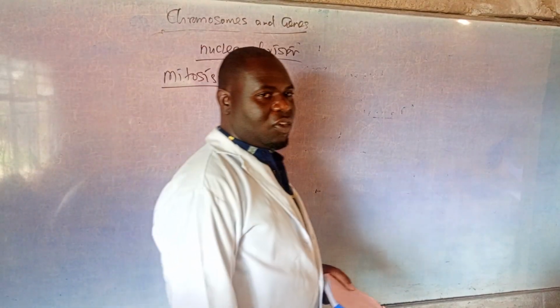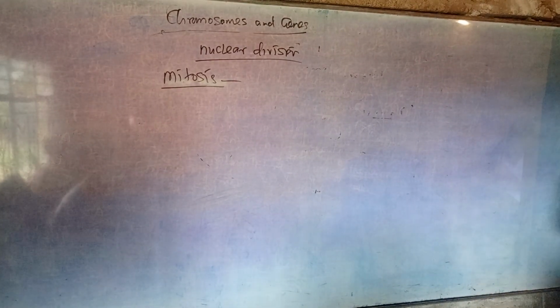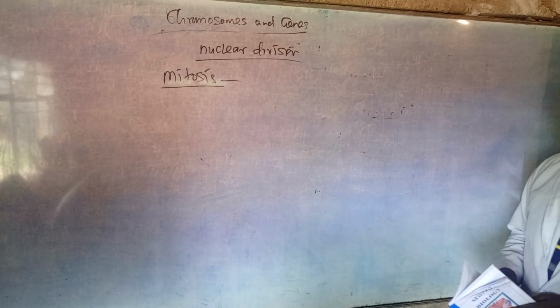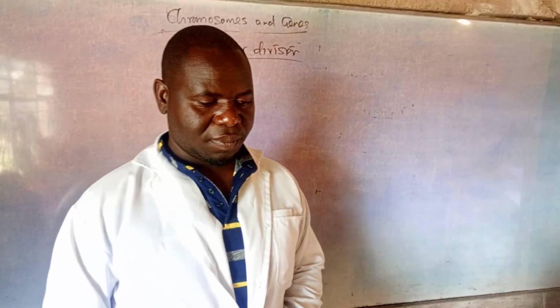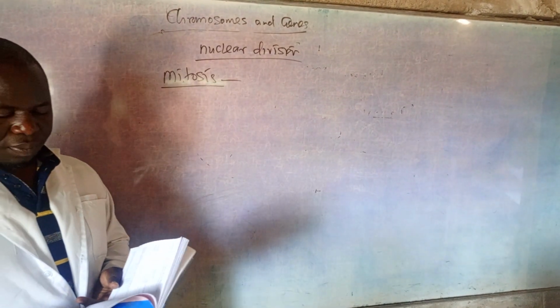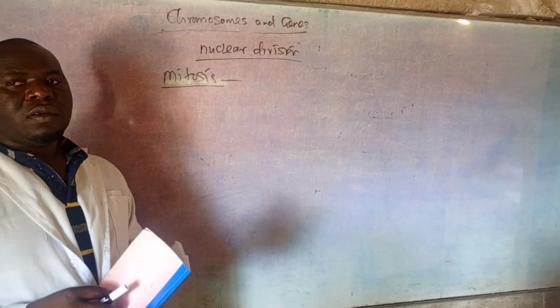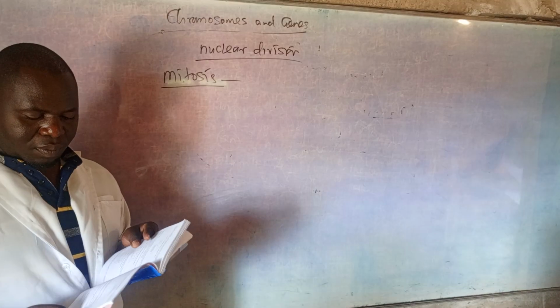Who can try to give us the definition? What's mitosis? This is the type of division that results in the formation of two daughter cells that are diploid and genetically identical from one diploid parent cell.